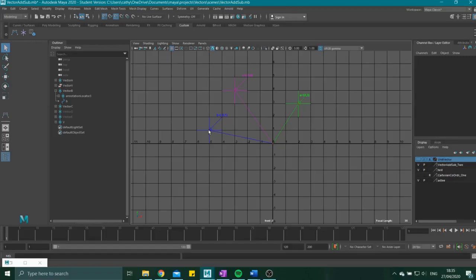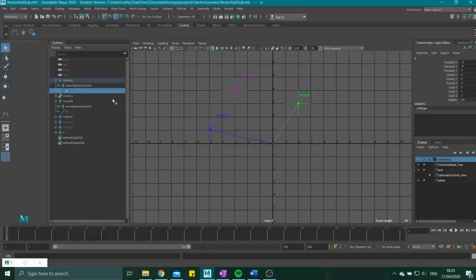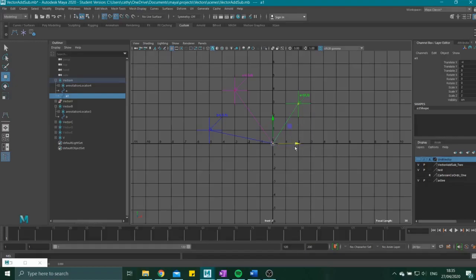And then plus A, so we're going to want to take our vector A here. I'm going to copy it and we're going to physically move it so we can really see what's going on. So we're going to pop the tail of A onto the head of B, and you can see that again, we end up right back at this point. So whether we go A plus B or B plus A, we're going to end up with this vector C.